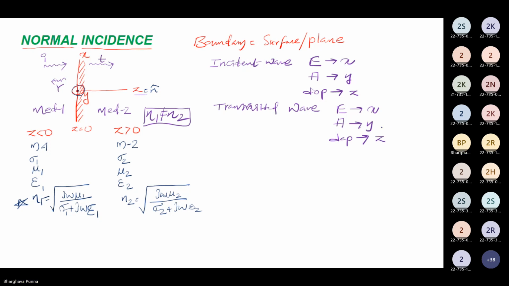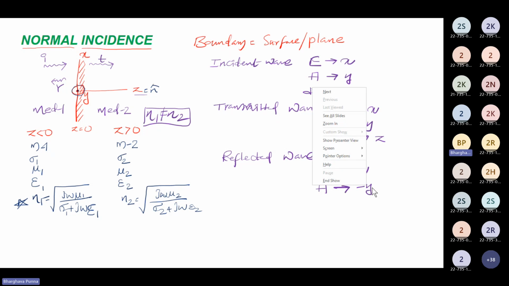Same thing. Now for the reflected wave, listen carefully. The electric field I am still taking in the X direction only, but the magnetic field will be in the opposite direction, that is the minus Y direction.